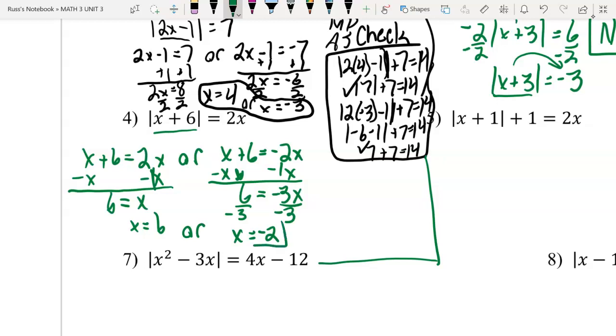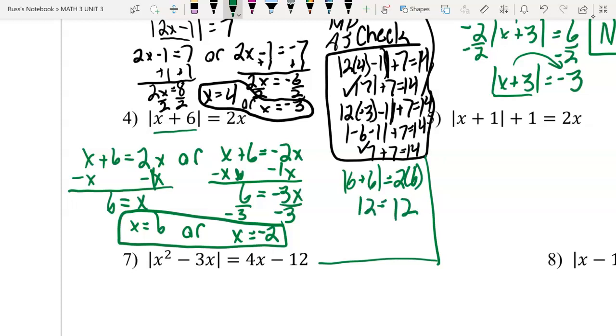So there are your answers. Now, you've got to test them. If I put 6 in, 6 plus 6. Okay, here's one that doesn't work. 6 plus 6. Oh, yeah, it does. 6 plus 6 is 12, absolute value of 12. So if I put that in over here, 6 plus 6 equals 2 times 6. Well, yeah, 12 equals 12.